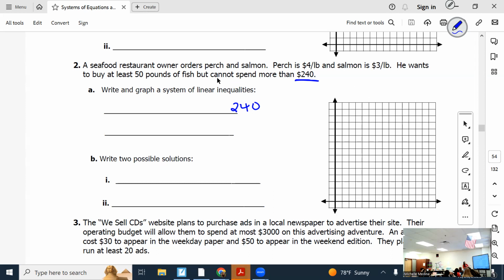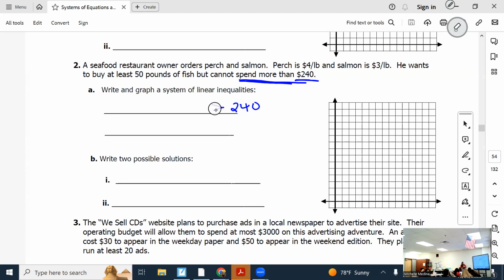So it says he cannot spend more than 240. So whatever he spends is going to go on the left side. So can I put it with this symbol then? Table 6, can you tell me? If he cannot spend more than 240, then should it be this symbol?